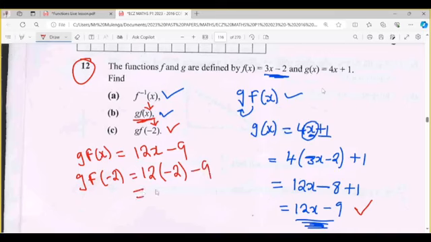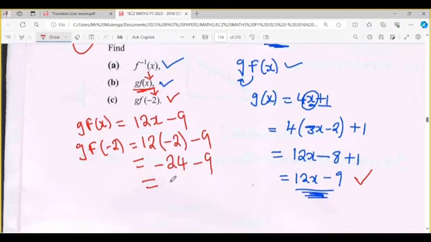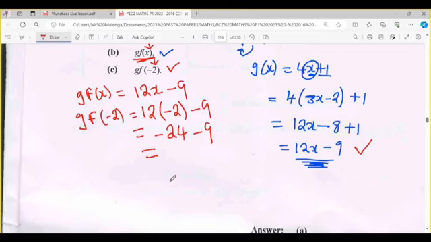From there, just open the bracket. 12 times negative 2, this will give you negative 24, then minus 9. So from there, just work it out. Negative 24 minus 9, what are you going to get? Since we have same signs, negative, negative, we maintain the sign, a negative.